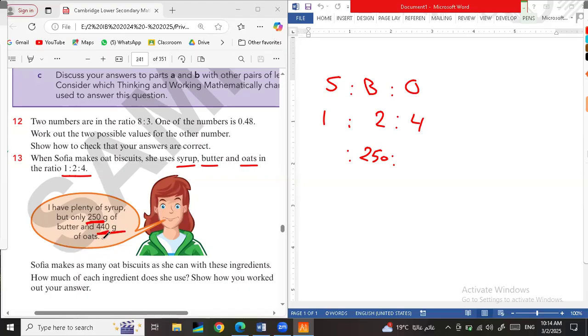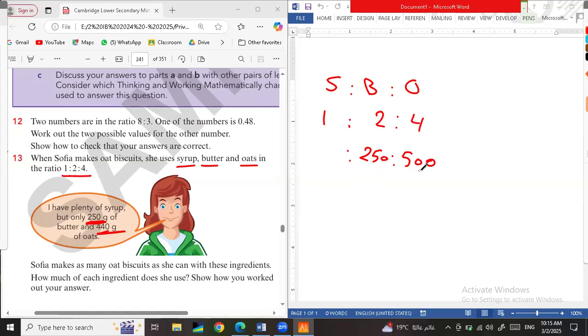But how much will she use? If you choose to use all the 250 grams of butter, then for the oats we're going to need how much? 250 is 2, then the 4 is double, which is going to be 500. Or 250 divided by 2 is 125, times 4 is going to become 500.